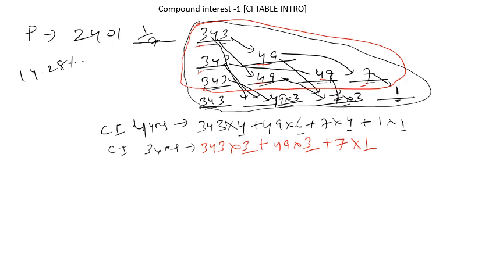Now CI for 2 years. CI for 2 years will be how much? CI for 2 years will be this part. You try in your copy. I'm just changing the pen color, guys, so that there is no confusion. This is CI for 2 years, simply this part. So that is how much?